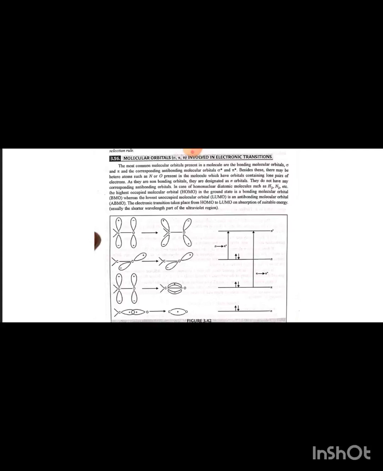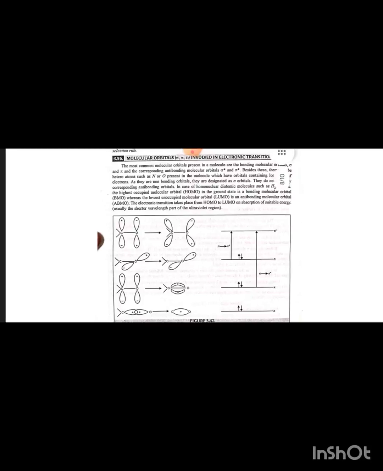In case of homonuclear diatomic molecules such as H2, N2, etc., the highest occupied molecular orbital, HOMO, in the ground state is a bonding molecular orbital, BMO, whereas the lowest unoccupied molecular orbital, LUMO, is an anti-bonding molecular orbital, ABMO. The electronic transition takes place from HOMO to LUMO on absorption of suitable energy. So there is a diagram.